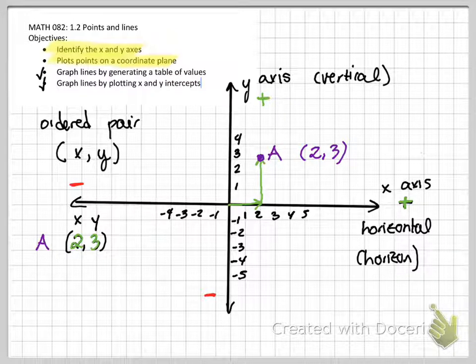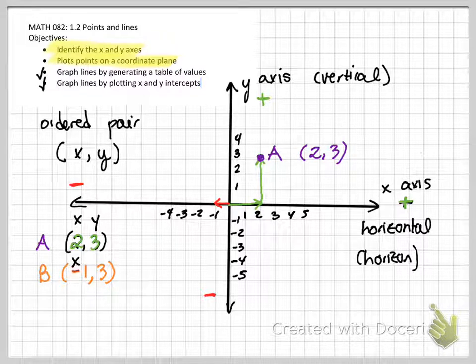All right, let's do another point. This time, let's throw in some negative numbers. So let's use an orange color here. Let's say I have the point (-1, 3). Okay, so this time, my x value is negative. So this time I'm not going to go right. Instead, I'm going to go left 1 unit.